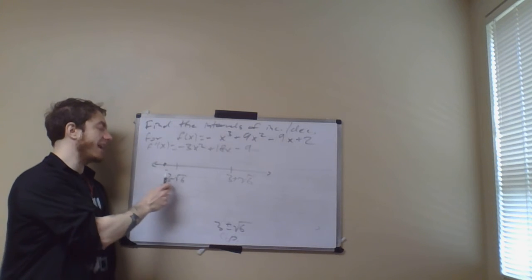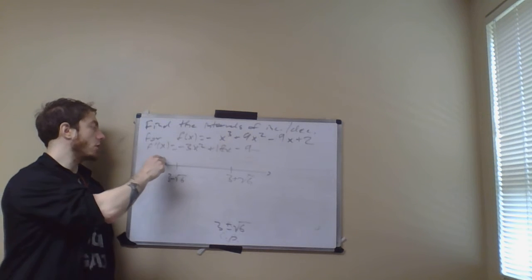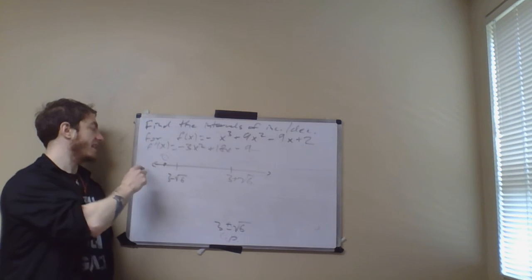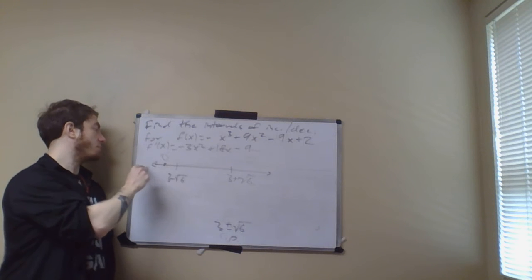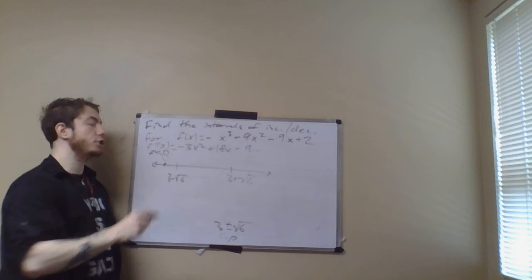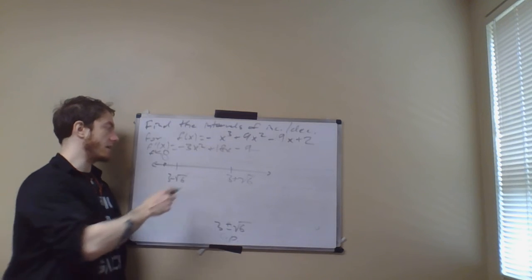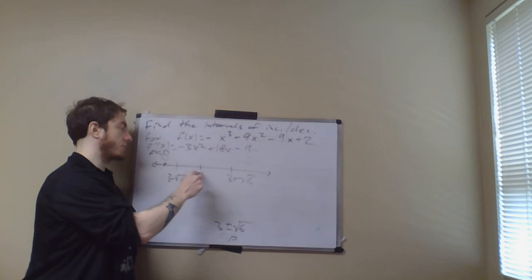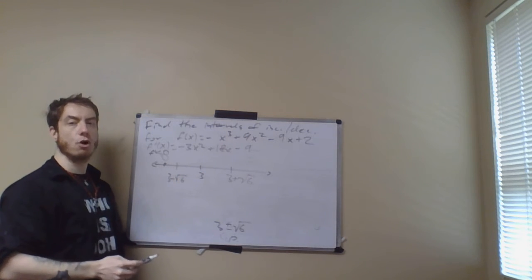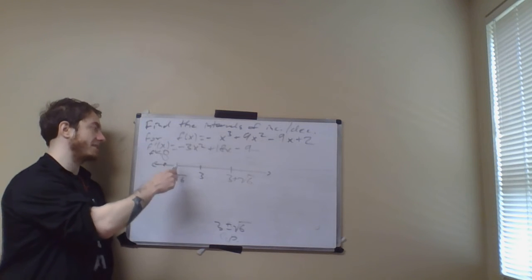Okay, so a few things that we can say. 0 is going to be to the left of 3 minus square root 6 because the square root of 6 is smaller than 3. So 0 works as a test point, and f prime at 0 would be negative 9, which is less than 0. In the middle here would be 3. I know that 3 is going to show up in there, but actually another test point I could use is positive 1.